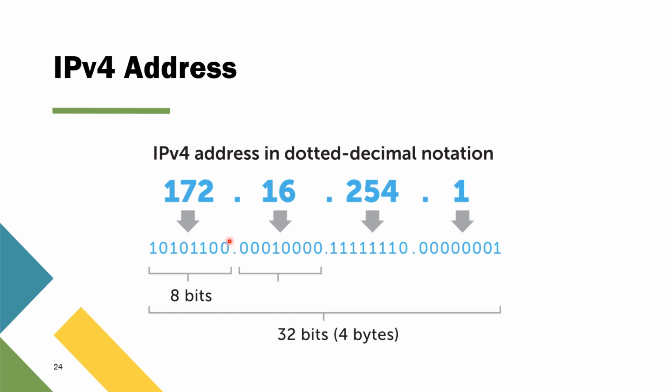Okay, so this one will be counted as 8 bits, and then another 8 bits for the 16, and then 254 is another 8 bits, and one number is another 8 bits. Okay, so when we combine all together, it becomes 32 bits or 4 bytes of address. Okay, so that's how the IPv4 address is read.